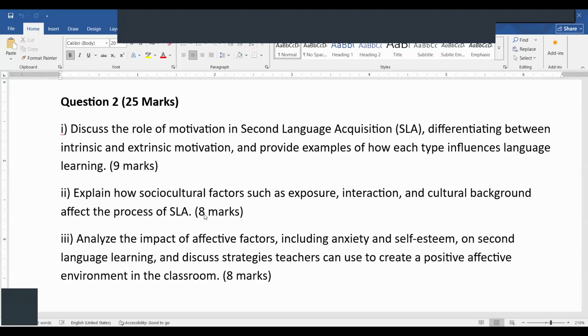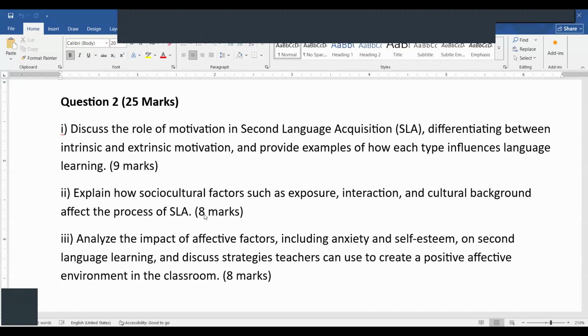And then you can explain extrinsic motivation. Extrinsic motivation occurs when students are motivated due to external factors. So what are those external factors?